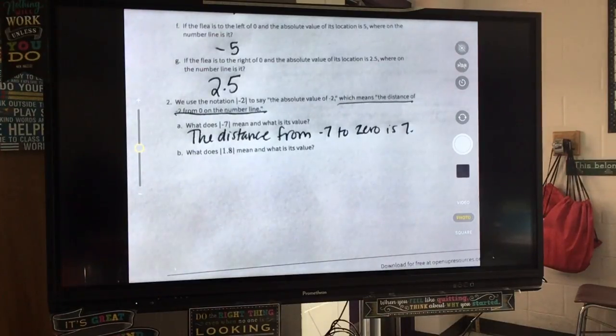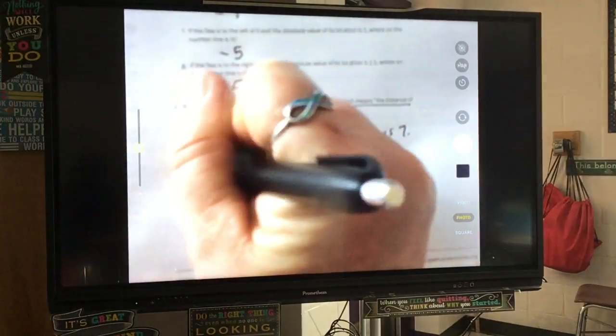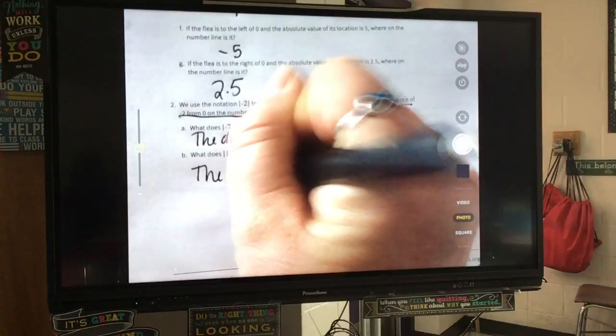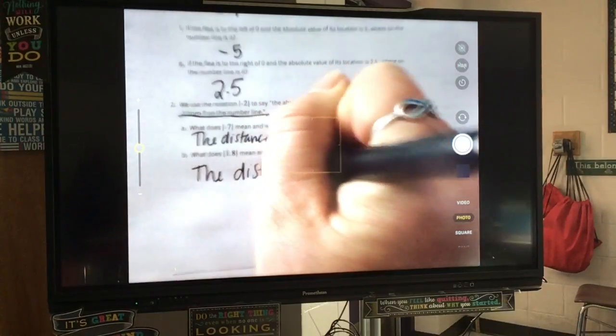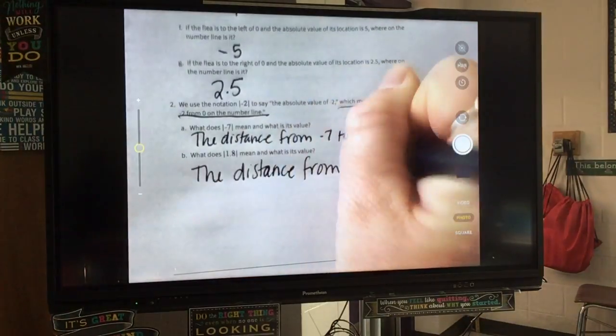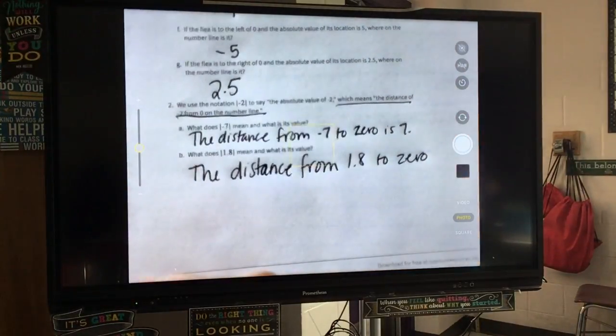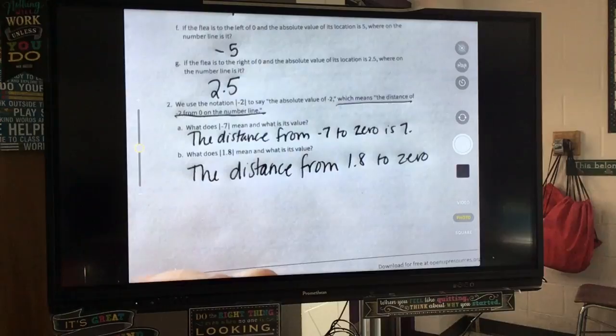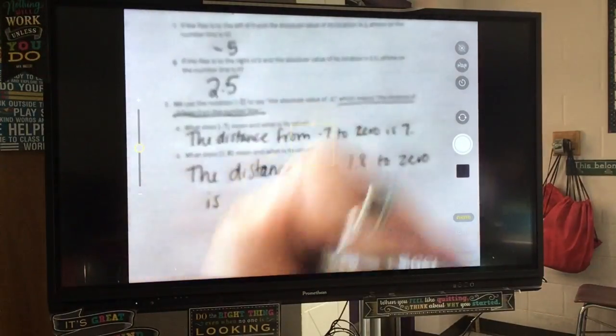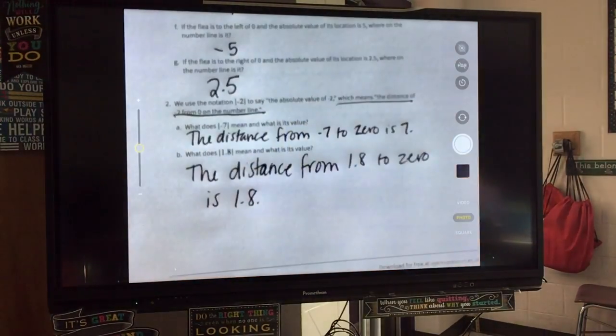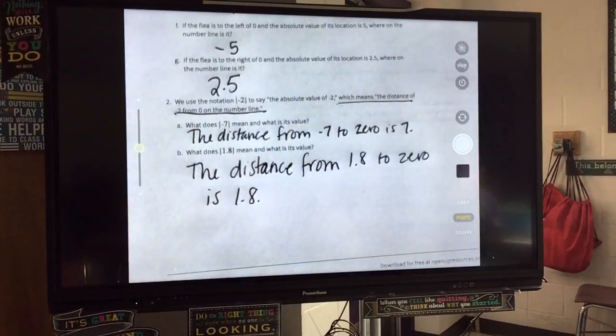Alright, Sophia, what does that mean? The distance from 1 to 0 on the number line. And then what is the value? Alright, flip it over.